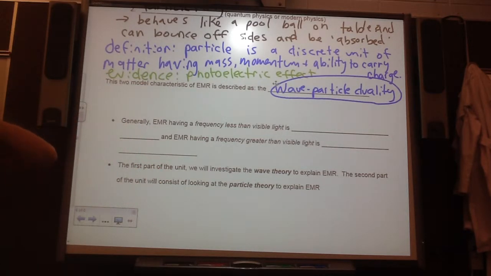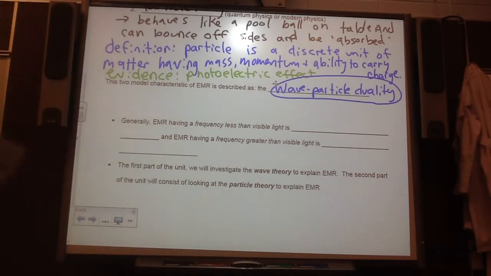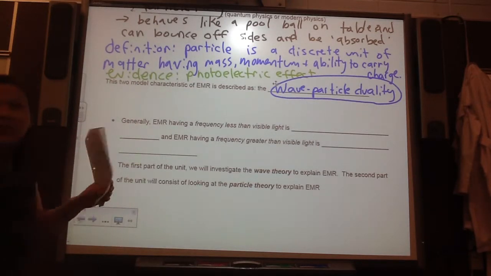And Einstein really expanded the particle idea of physics and completely changed quantum physics, okay? It's cool stuff, okay?